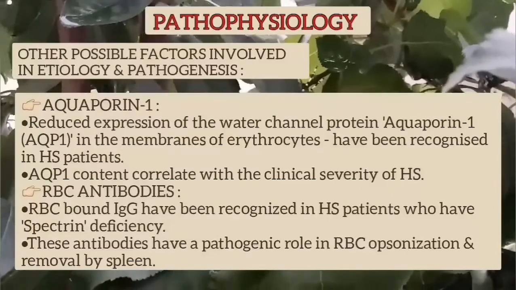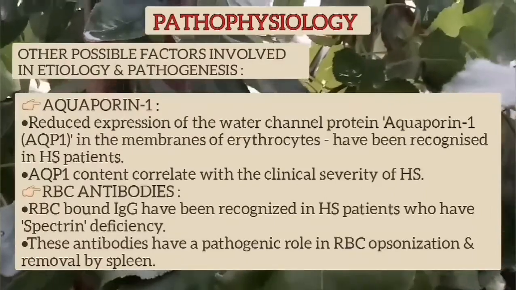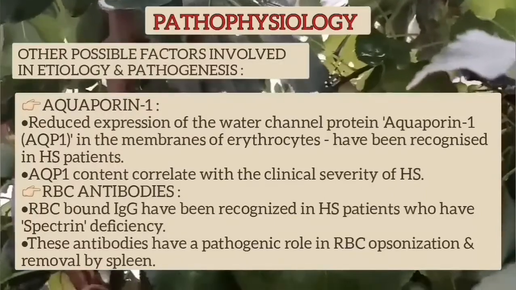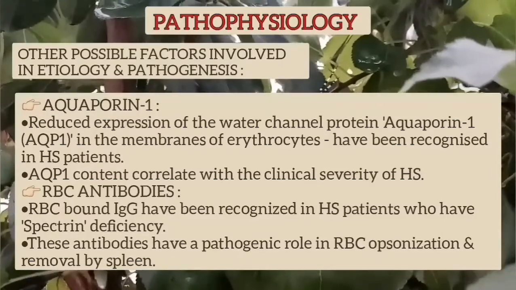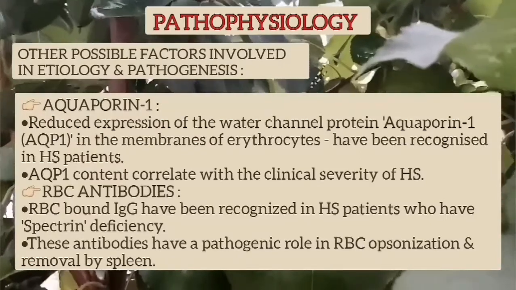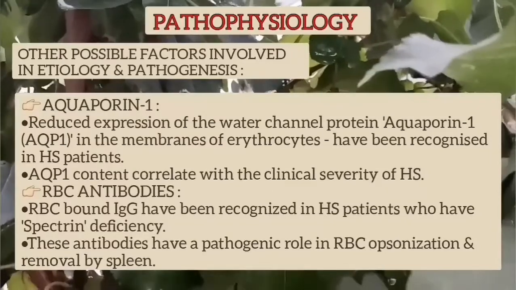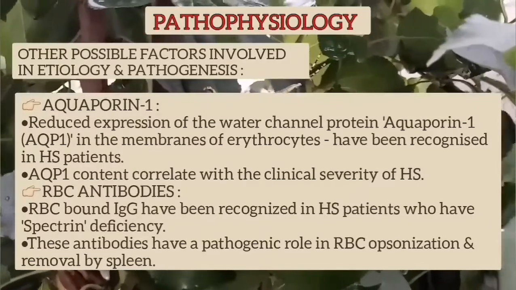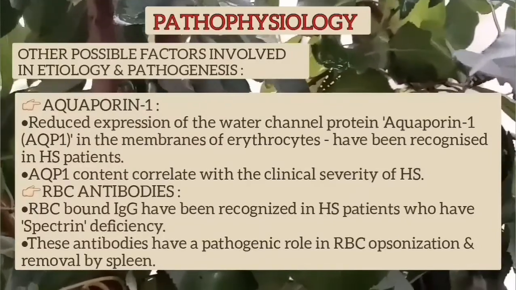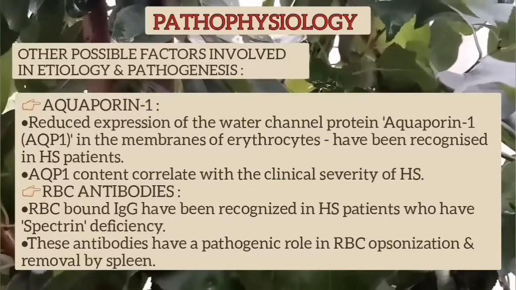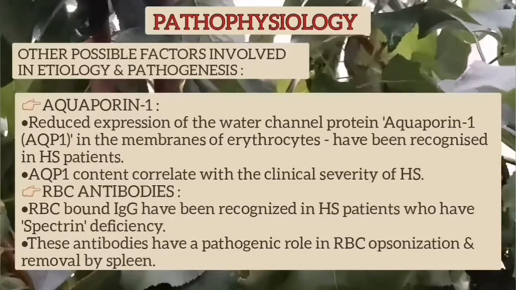Now friends, in addition to abnormal levels of proteins affected by mutations, patients with hereditary spherocytosis may demonstrate aberrant distribution of some other proteins in the erythrocyte. Now reduced expression of the water channel protein aquaporin 1 in the membrane of erythrocytes from patients with hereditary spherocytosis has been recognized.